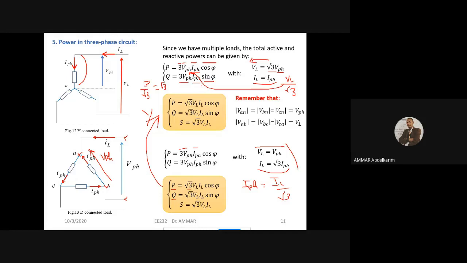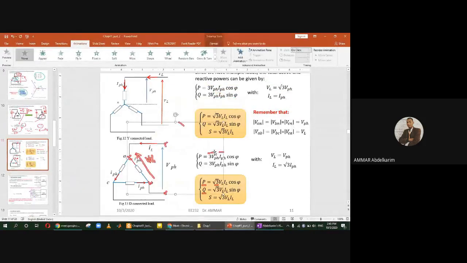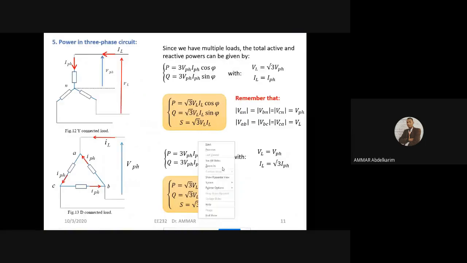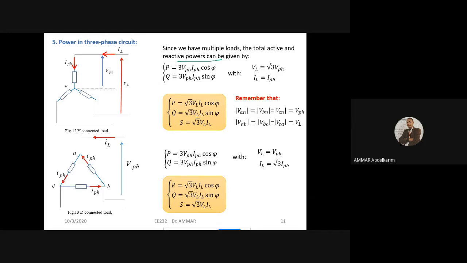So whether we have Y connection or delta connection, when we use phase voltage and phase current, the power is 3 V phase I phase cosine theta.